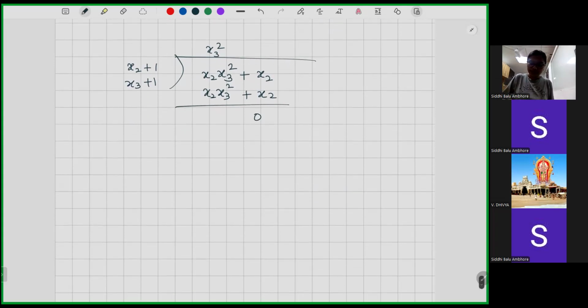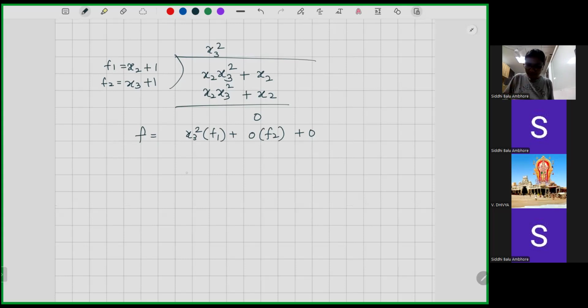So f is equal to x3 square into f1 plus 0 into f2 plus 0, where f1 and f2 are the divisors. So this is my remainder r.